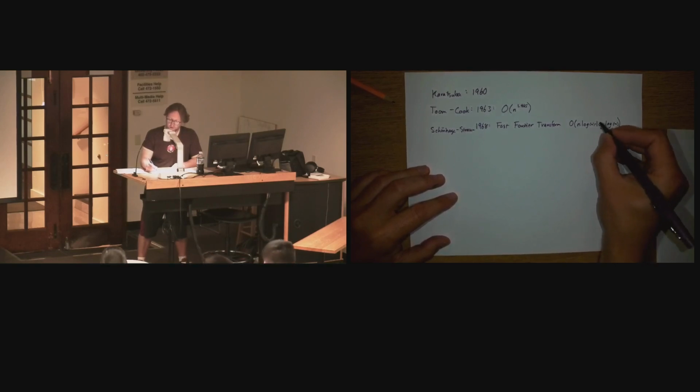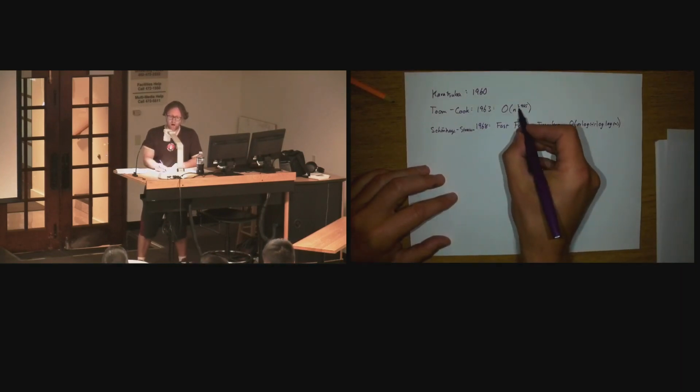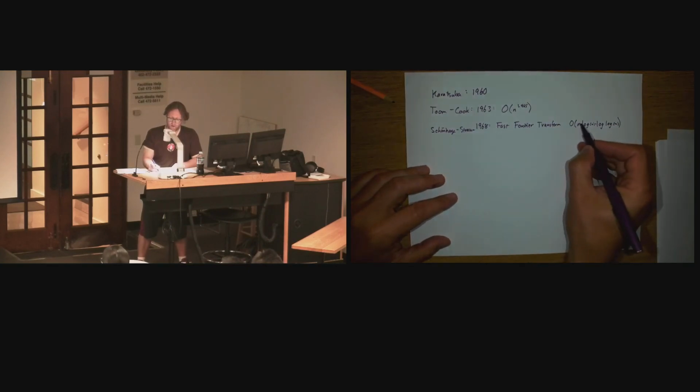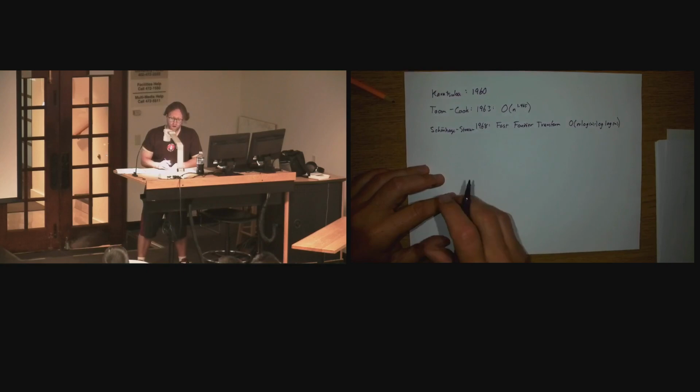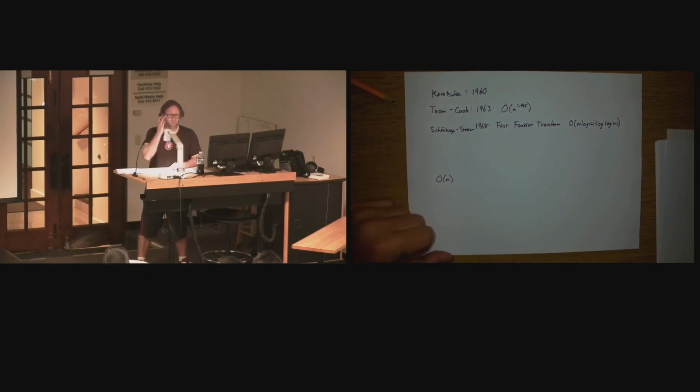And there are three terms here that you can distinguish. So in other words, they cut the polynomial down to a linear term, and there's still a logarithm here. Of course, the best possible solution would be if you could find a way of multiplying two n-digit numbers together that's linear in both those.